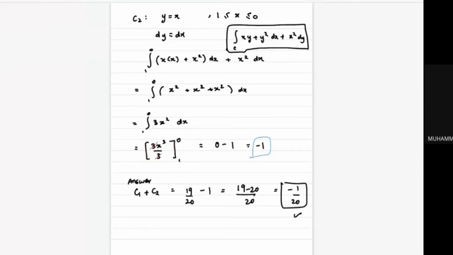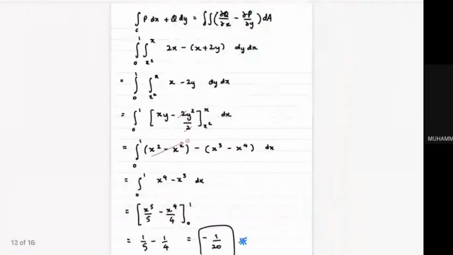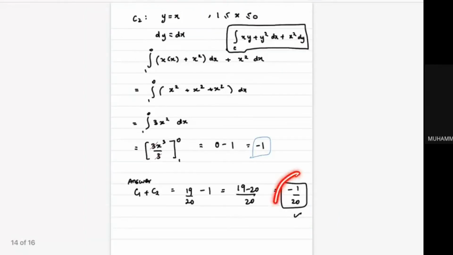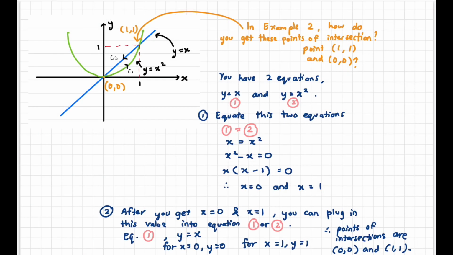Substitute the limit, then you will get negative 1. So combine the answers for C1 and C2: 19 over 20 minus 1, you will get negative 1 over 20. This is your right hand side and this is your left hand side. So you just verify Green's theorem.